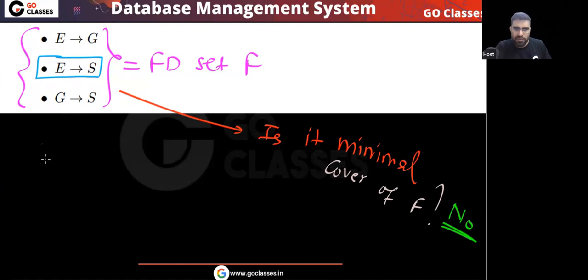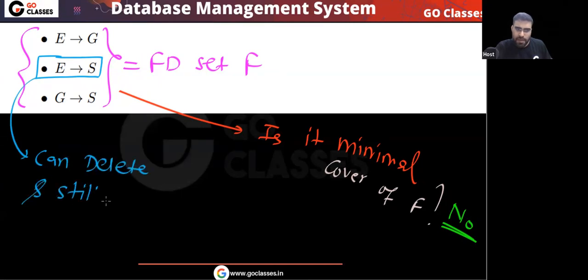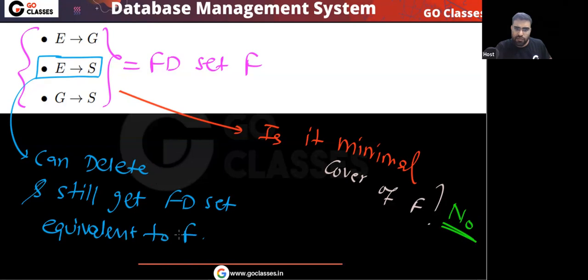From this I can delete this and still get an FD set equivalent to F.